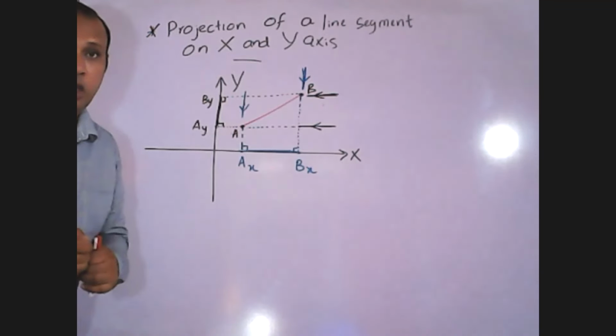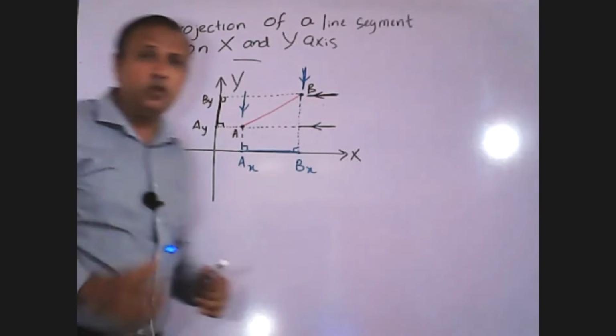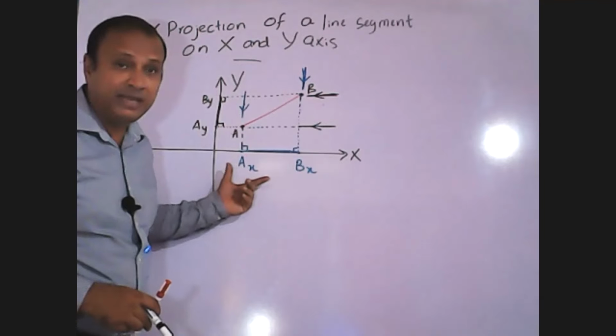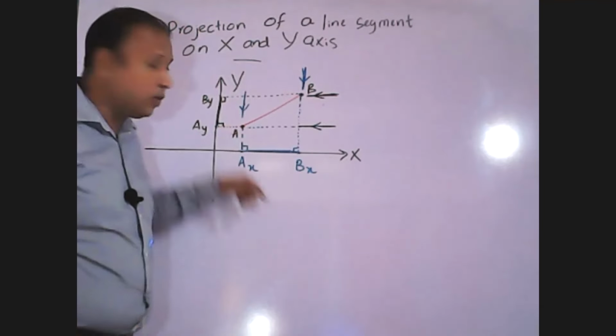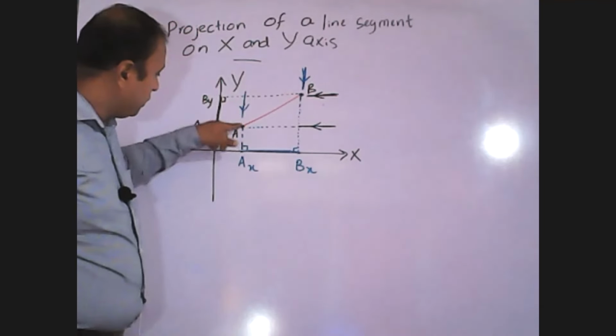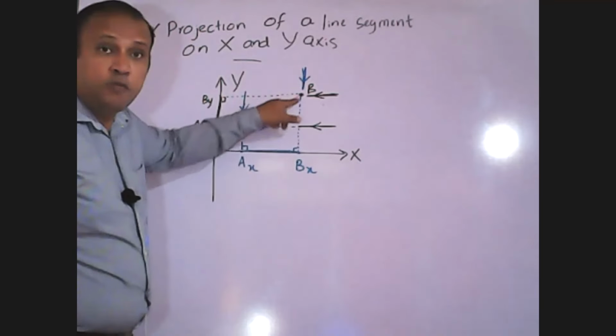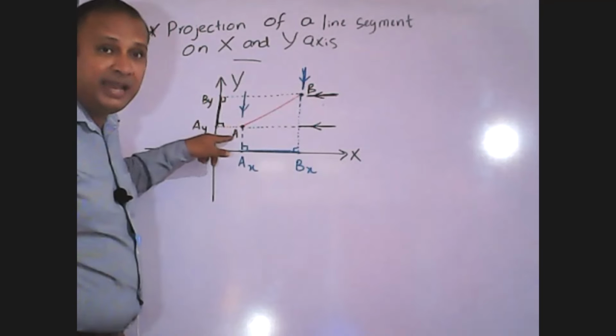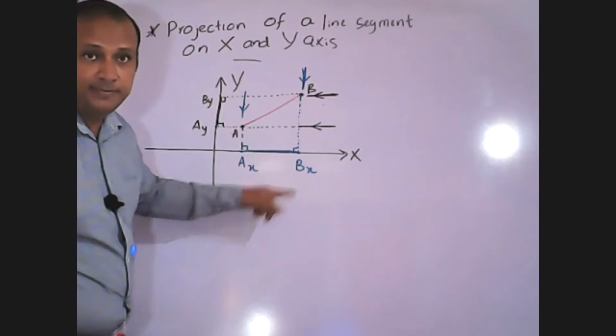Okay. So simply you can remember how to take the projection of a line segment on the x-axis: you can draw two perpendicular lines from each point of the line segment to the x-axis.